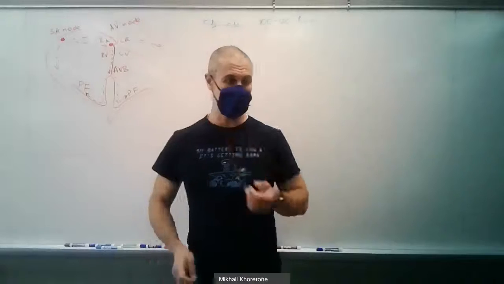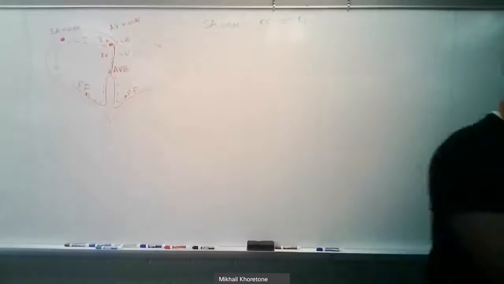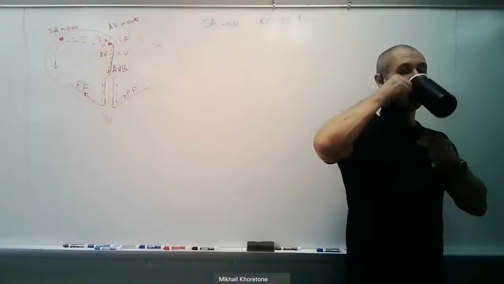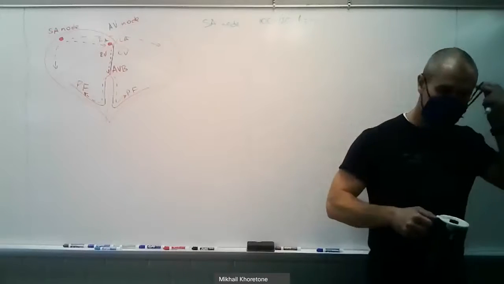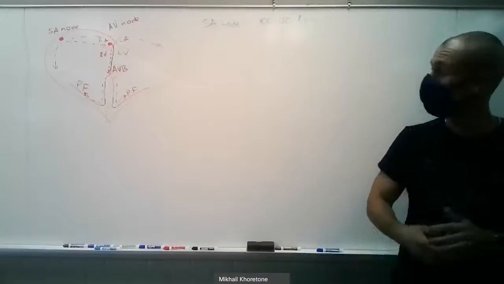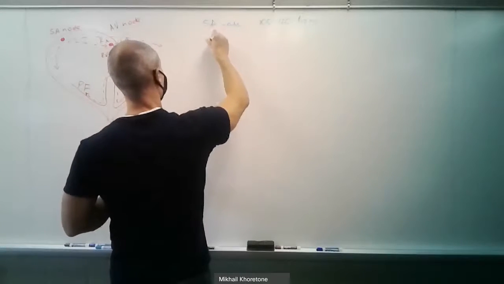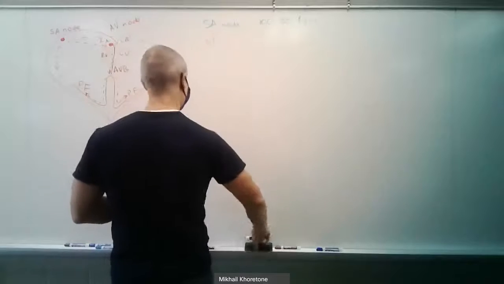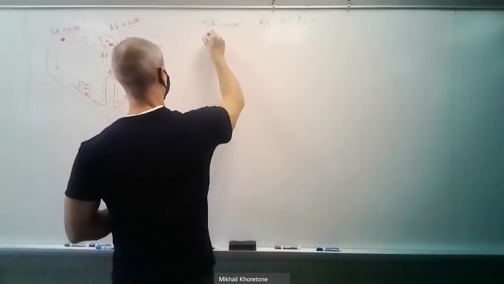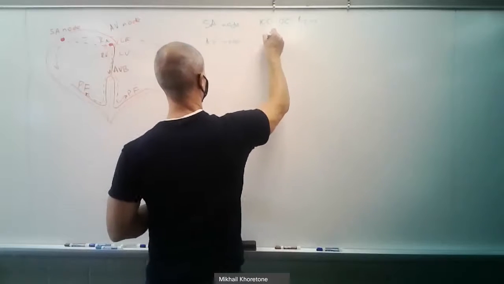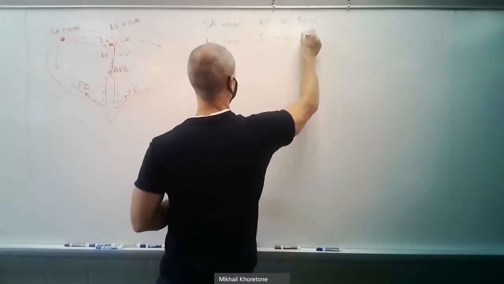Some of you it may seem suspicious, but we'll get back to it. Now, what about the AV node? For the AV node, it's 50 to 60 beats per minute.